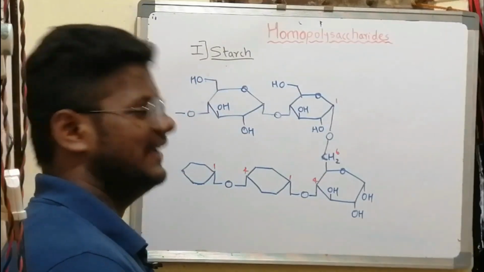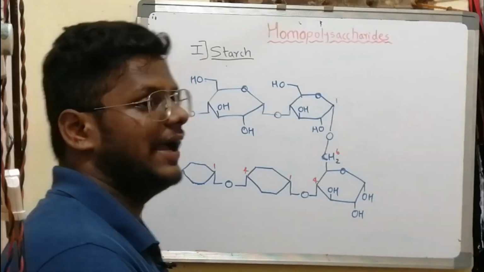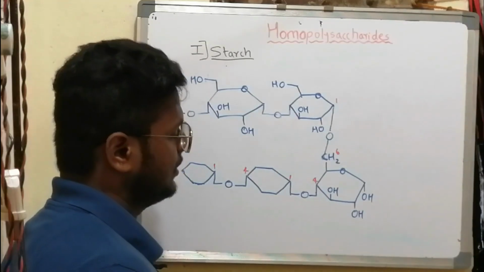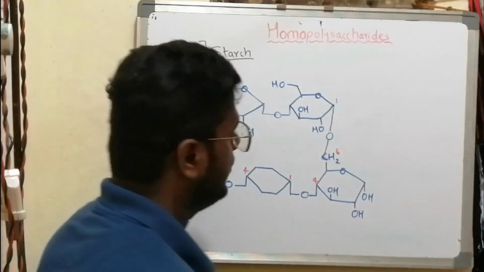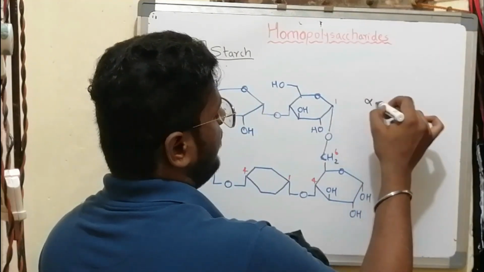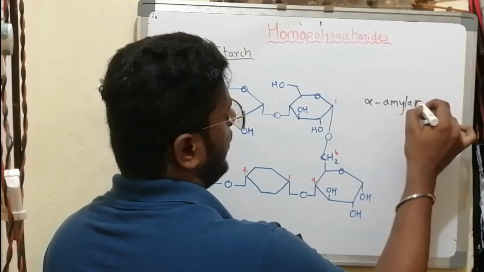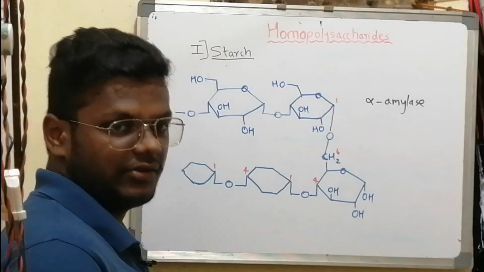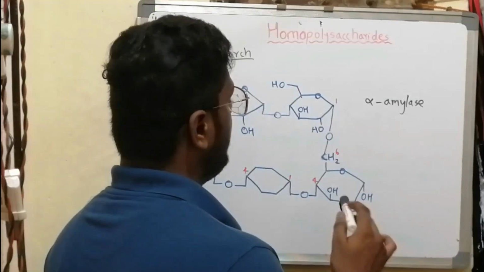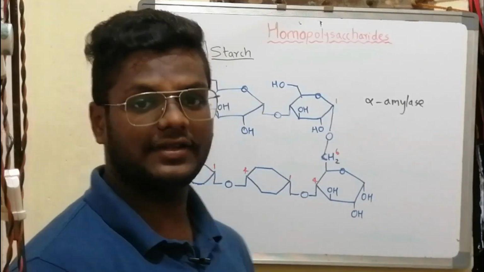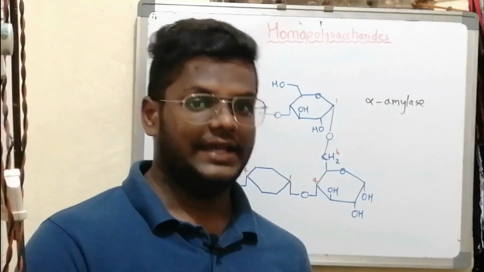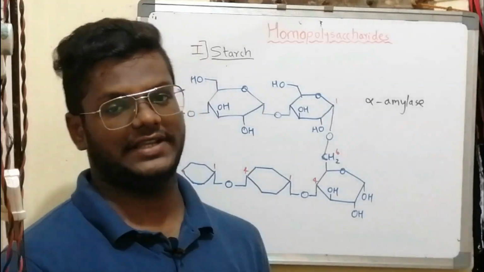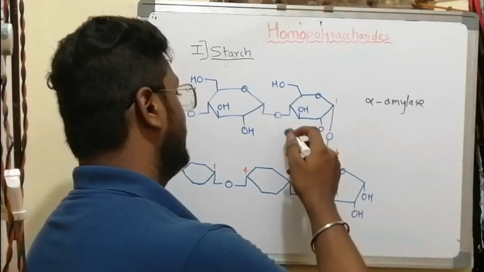So what happens is the enzyme amylase is hydrolyzing these linkages, and the amylase which we have is alpha amylase, which can hydrolyze the alpha glycosidic bonds and not beta glycosidic bonds. That's why cellulose, having beta glycosidic linkages, cannot be hydrolyzed by humans. That's why we cannot digest cellulose, because we don't have such an enzyme for digesting the beta glycosidic linkages.